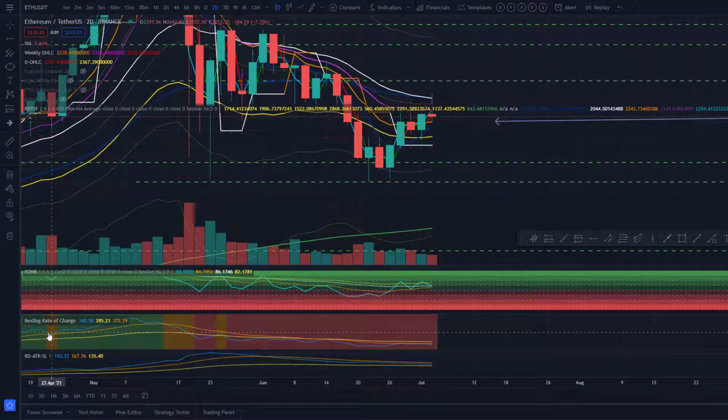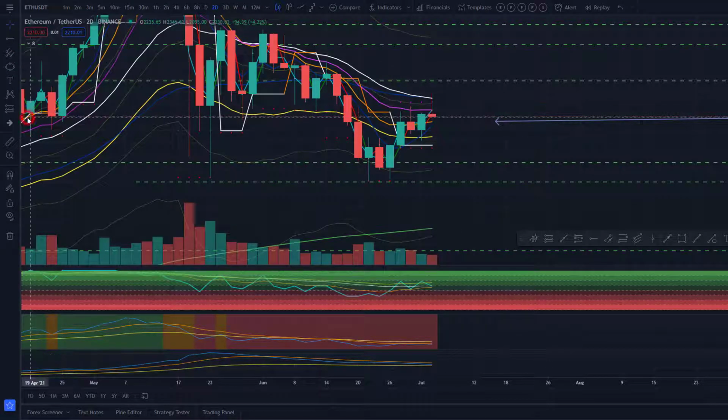It's the Rexdog rate of change. It's basically using the same calculation as the Rexdog average, but it's a rate of change indicator, and it's more of a confirmation of what you're seeing on the market bias and in the overall chart.